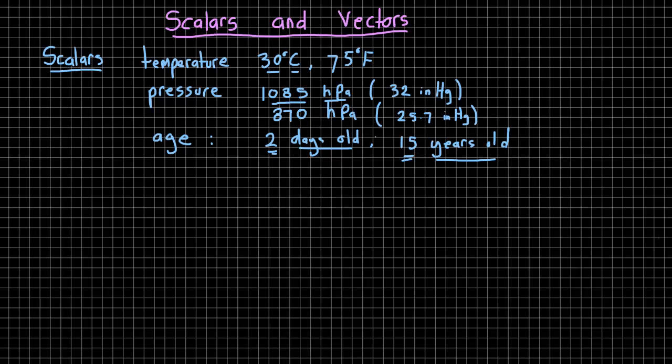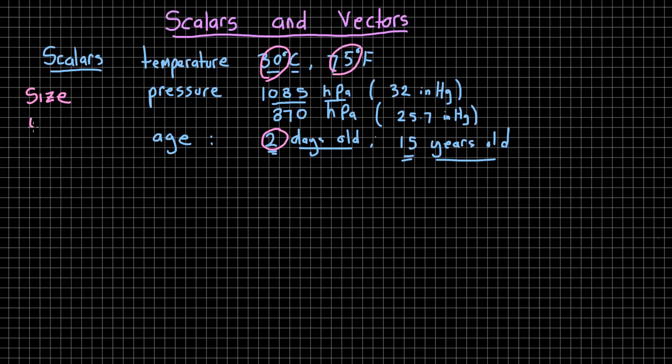That's the property that scalars have. There are two things about scalars that we must have. One is that they have a size. So in our examples here, 30, 75, 2, all these were the sizes of what we were measuring.